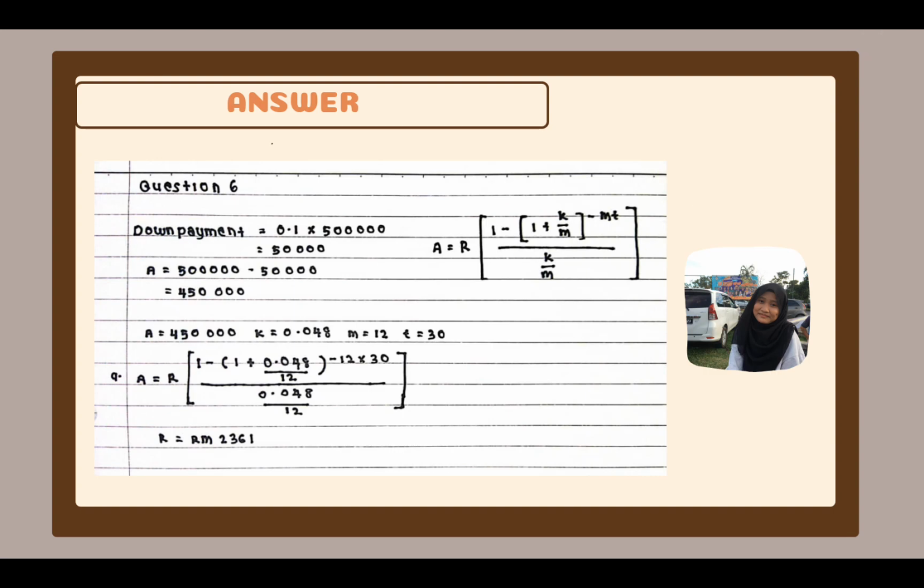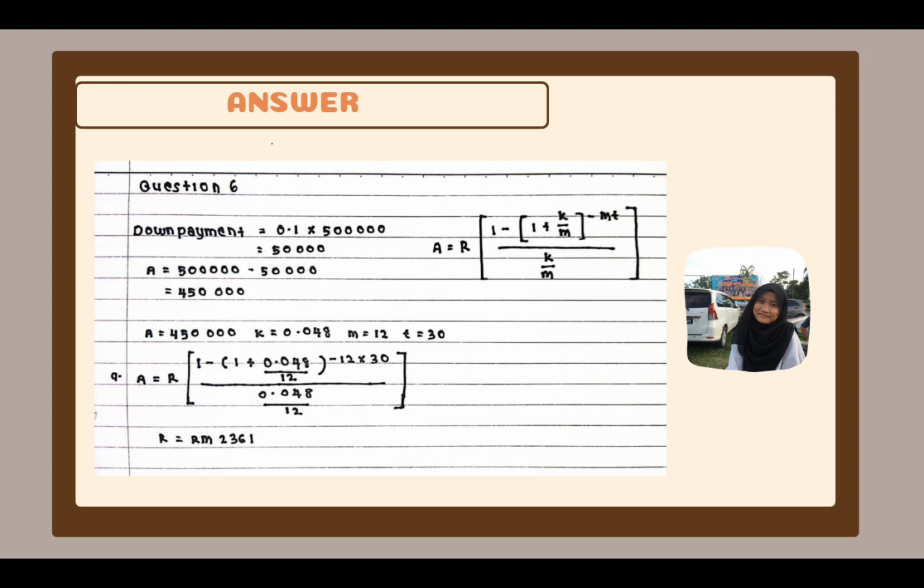For question 6a, we use formula A equals R open bracket 1 minus open bracket 1 plus K per M close bracket power of minus MT over K per M close bracket. First, we search for the down payment by multiplying 10% with the cost of the house, which is 500,000.